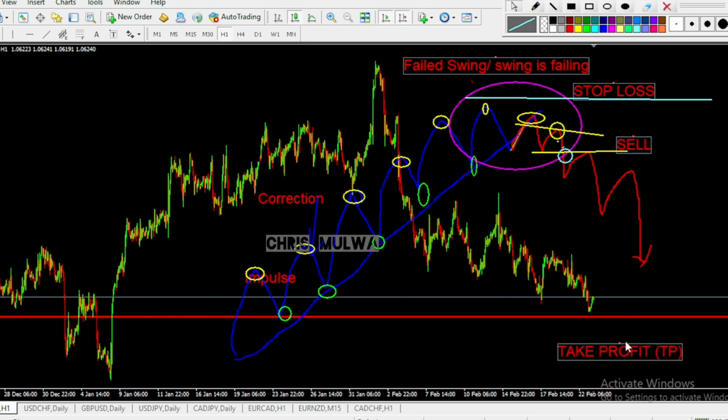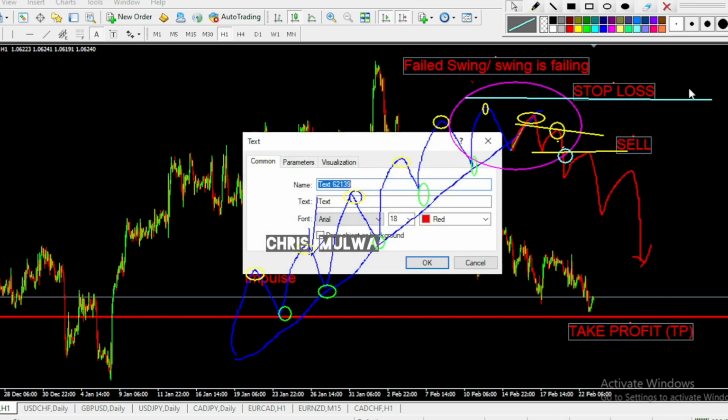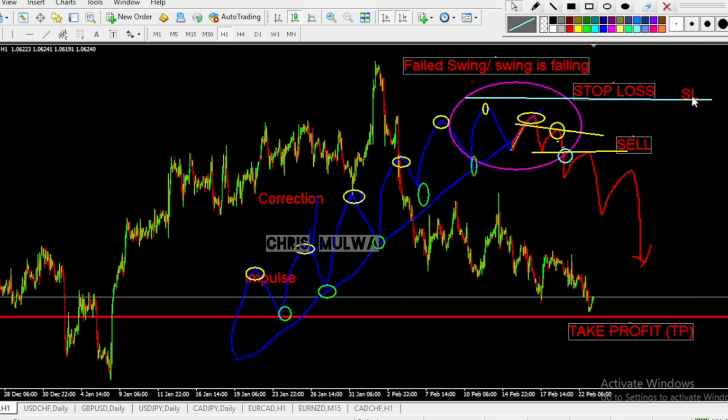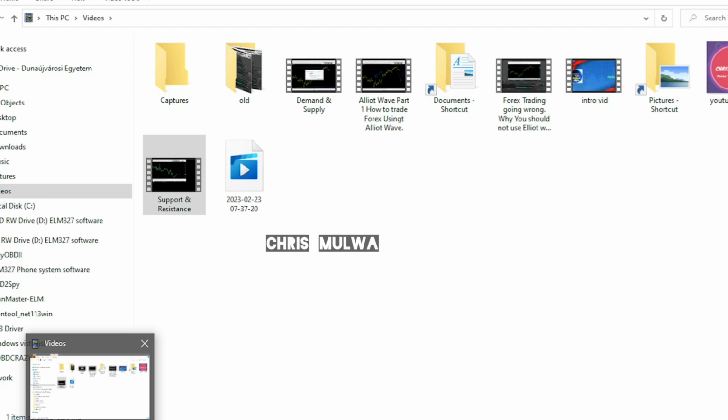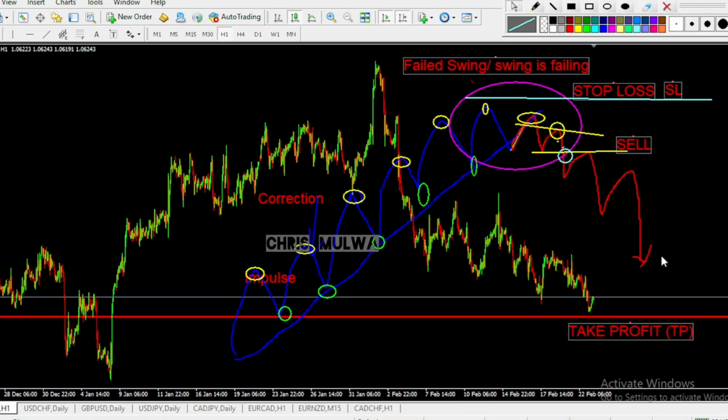So your take profit is here, and this one is what I'll be calling SL. So if you see me writing SL, know that this is the stop loss. Okay, and TP is take profit. So it's as simple as that.